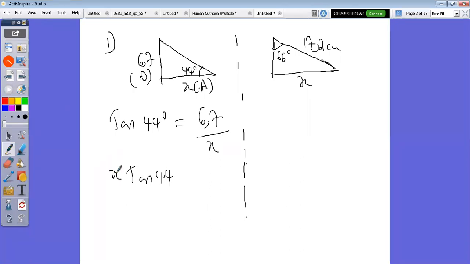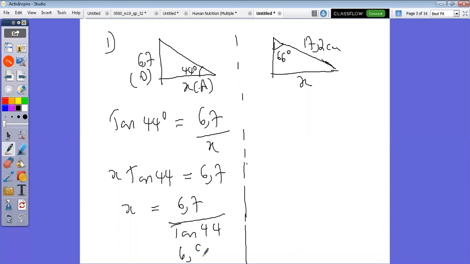It's always the number before the angle. x tan 44 is equal to 6.7. Divide both sides by tan 44. So x is equal to 6.7 divided by tan 44. And what does your calculator give you? Your answer should be to 3 significant figures because it's a side, it's not an angle. 6.94. Okay, 6.94.